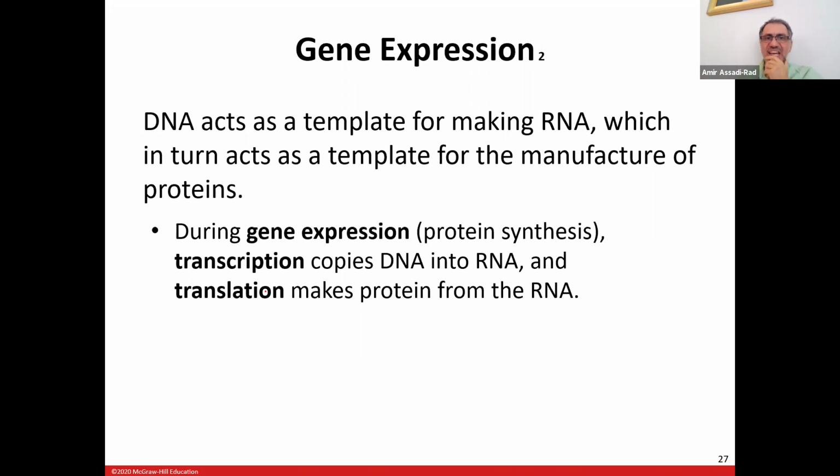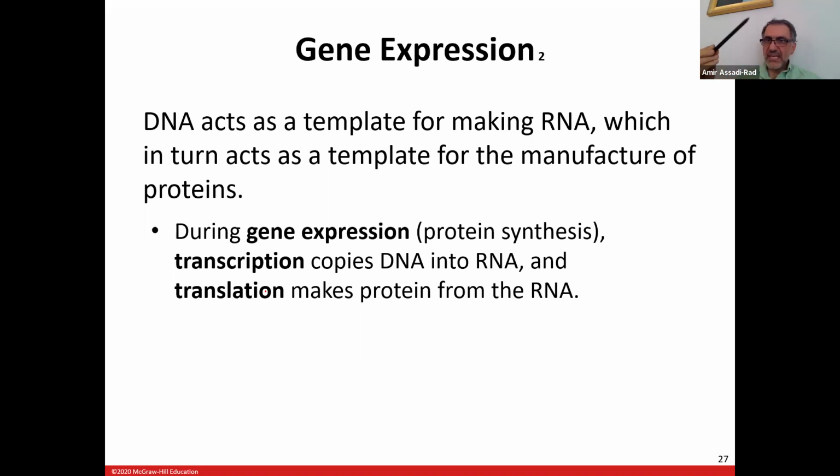Gene expression: DNA acts as a template for making RNA, which in turn acts as a template for manufacturing protein. During gene expression, protein synthesis, transcription means RNA synthesis. This is DNA, and when you make RNA based on DNA, that's called transcription.